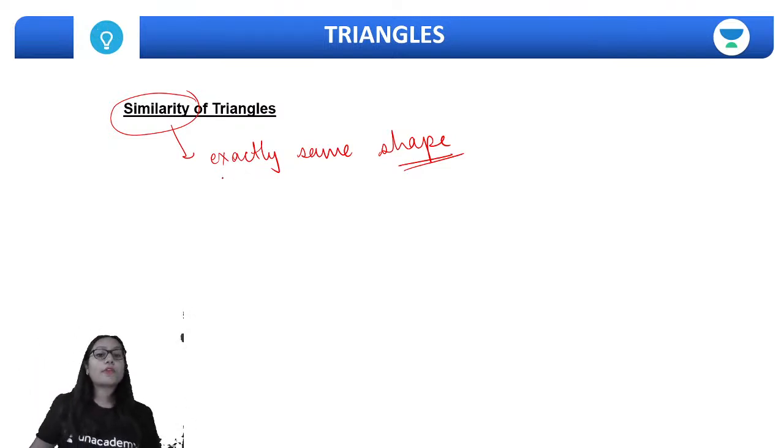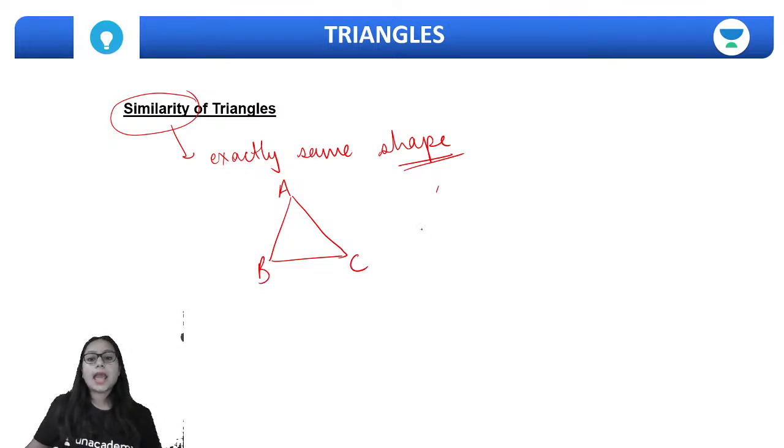For similarity of triangles, if I have one triangle ABC and another triangle PQR, the symbol to denote similarity is a tilde.